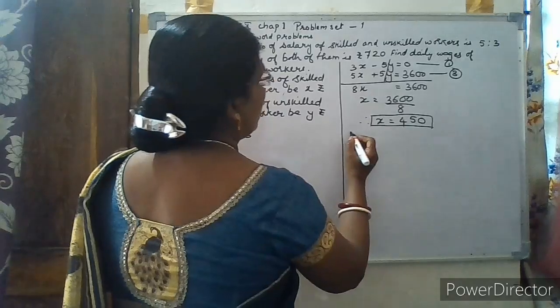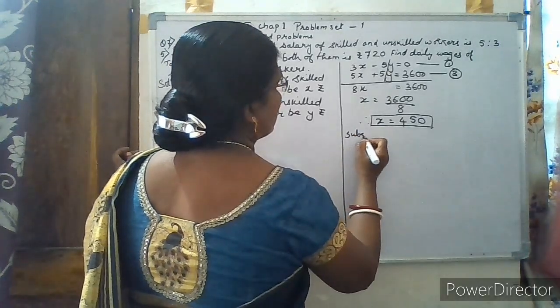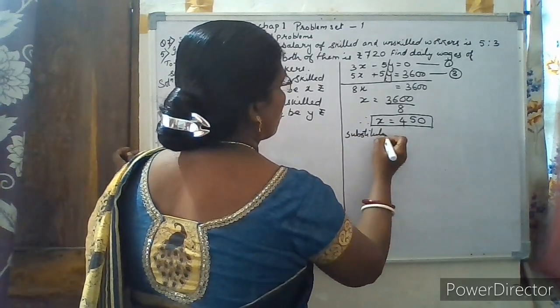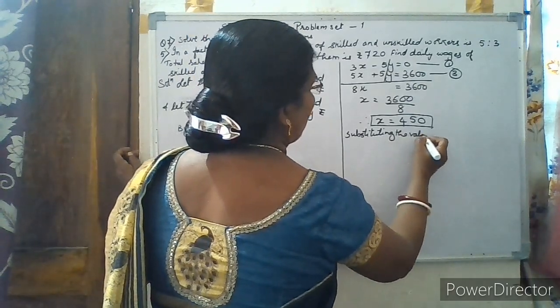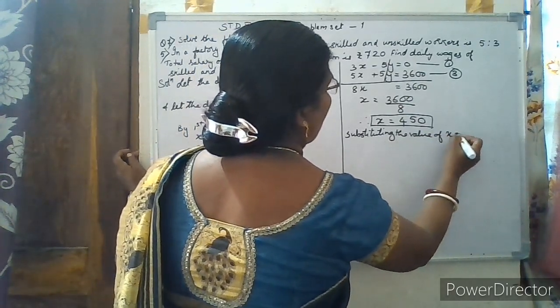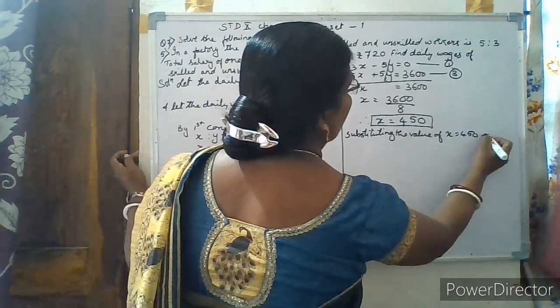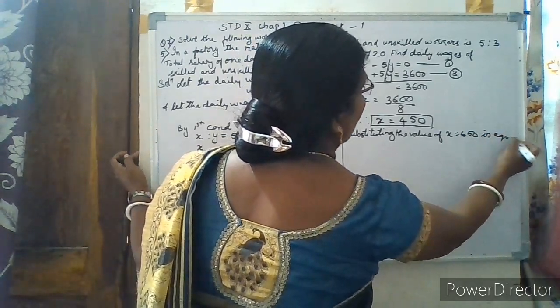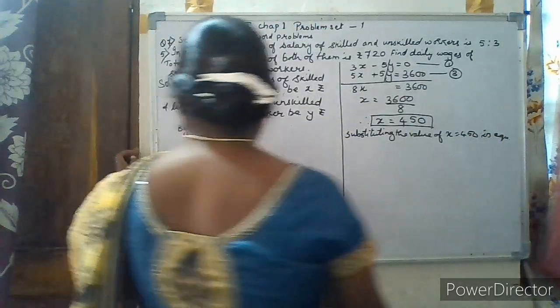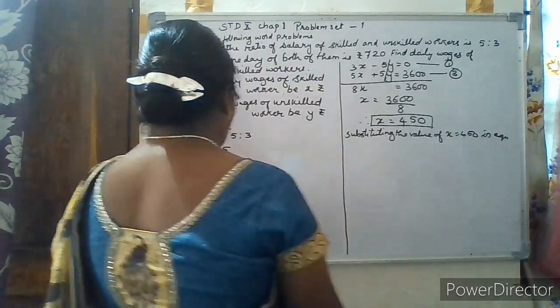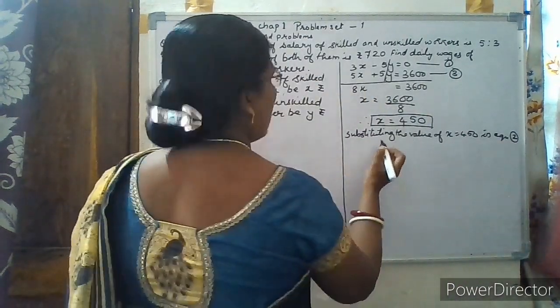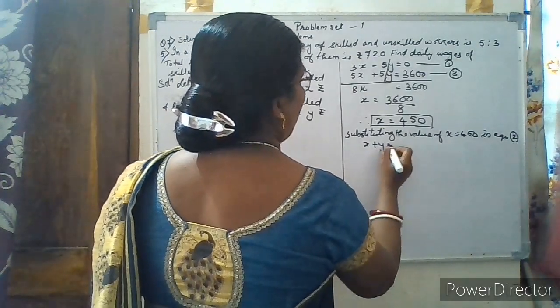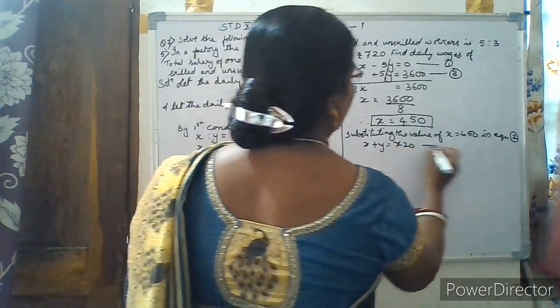So, substituting the value of x is equal to 450 in equation. Suppose we take equation 2, the easiest equation. X plus y is equal to 720.